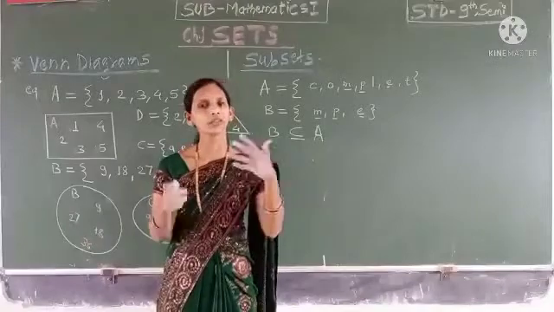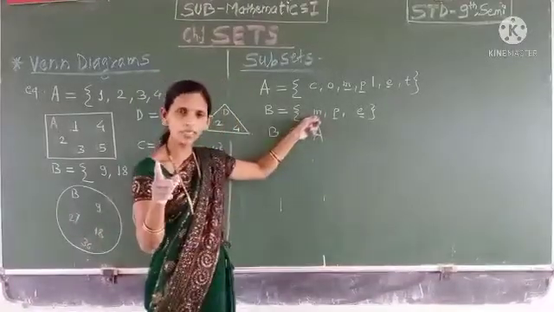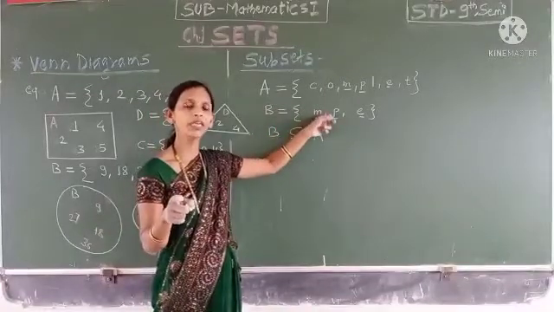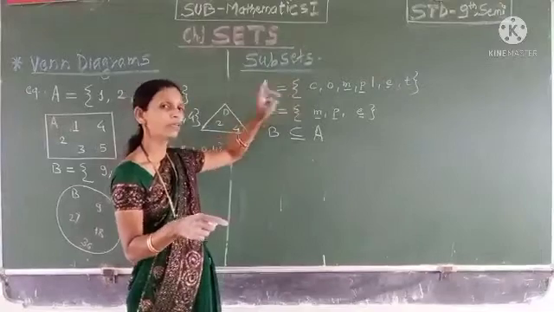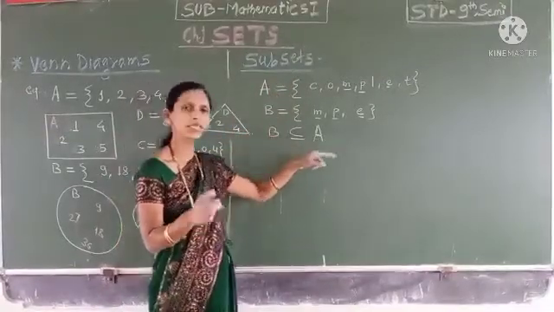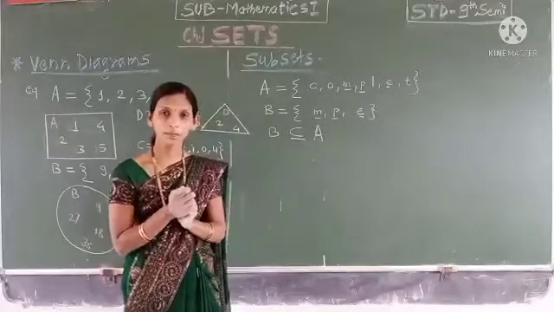Similarly, the stomach is a part of the human body. Like that, all elements present in set B are present in set A. Therefore, B is a subset of A and A is not a subset of B.